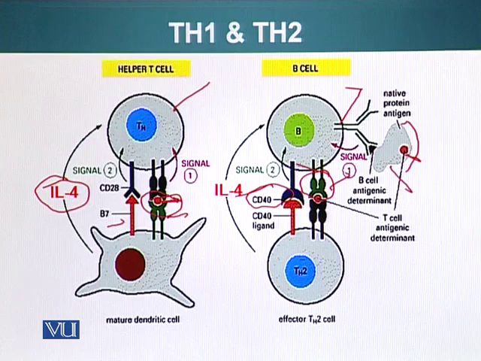When helper T cells become mature, they start making CD40 ligand. So now this B cell is going to get two signals. The first signal comes when the B cell engulfs or phagocytoses the pathogen, Salmonella in this case. That's the first signal. The second signal is coming from CD40 and CD40 ligand.